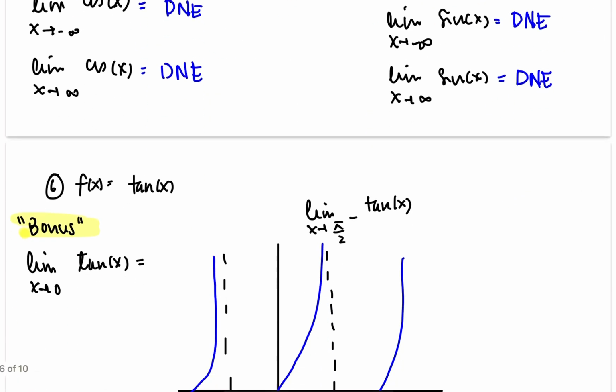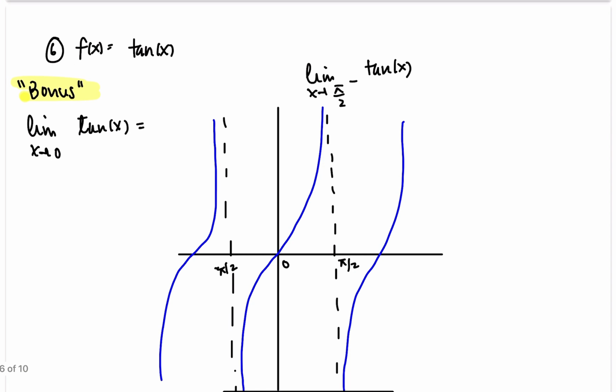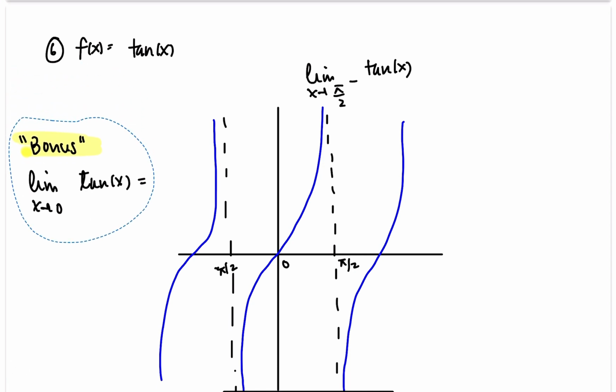Perfect. Now we know that the graph of tangent looks like this, and we know that we have pi over 2 and negative pi over 2, and then every time you add pi, you have another vertical asymptote. So we have vertical asymptotes at x equals negative pi, dot, dot, dot, negative pi over 2, pi over 2, dot, dot, dot.